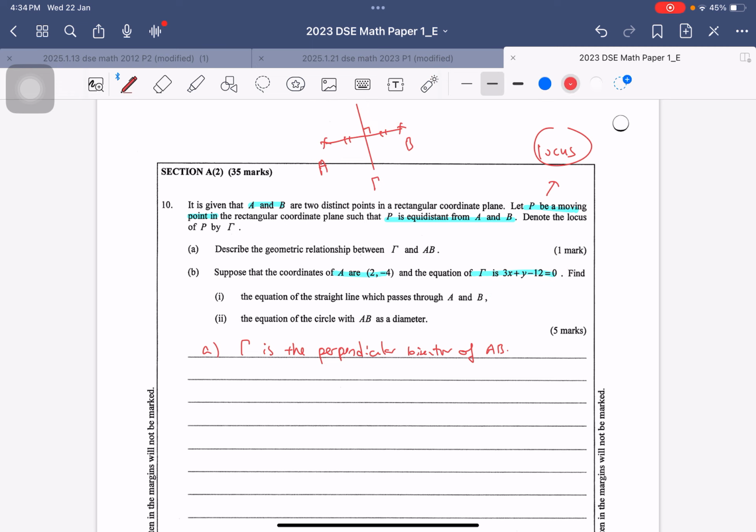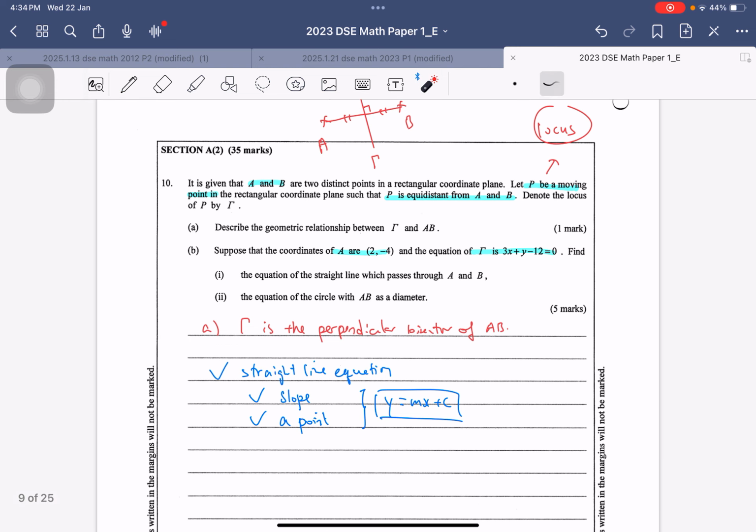You need to think, for a straight line equation, what do we need? We must have the slope of the straight line together with a point. Then we can group them together and use y = mx + c to find the equation of the straight line.